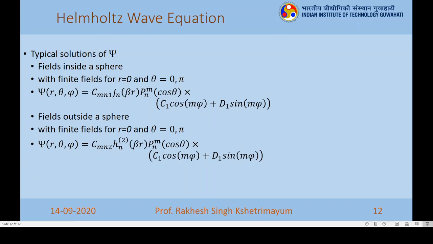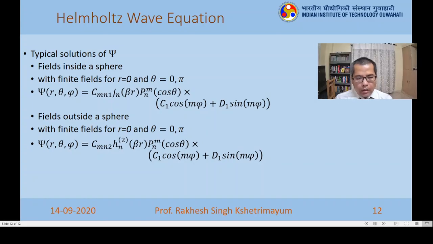So in this class we have discussed the solution of the wave equation, and this solution will be helping us to find the fields for the TE^r and TM^r cases. And we have observed that the Helmholtz wave equation is satisfied by A_r by r or F_r by r.